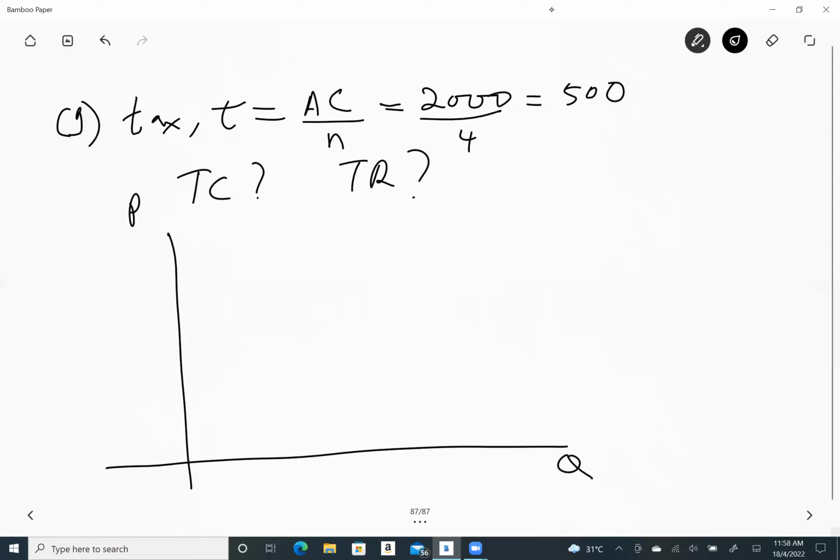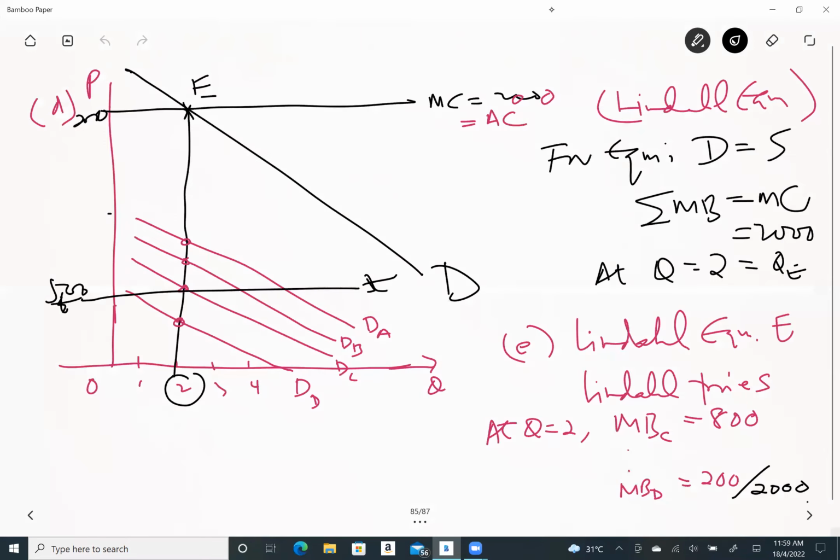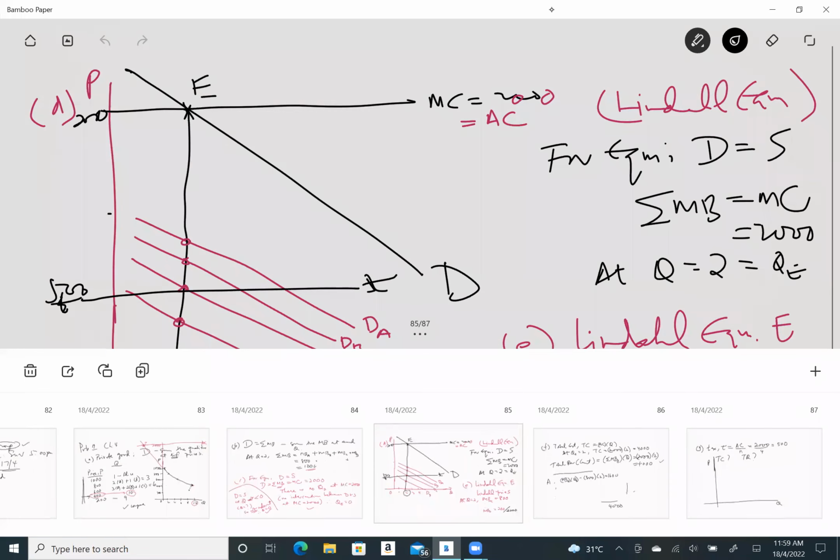Now the marginal cost is not constant. The marginal cost is going up. I think I draw another one like the congested one.